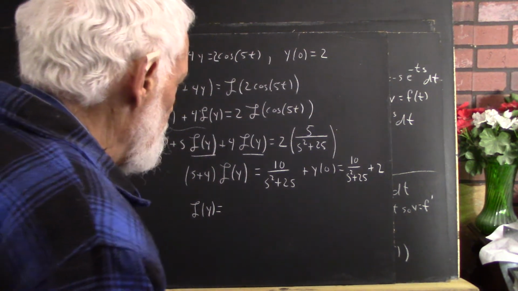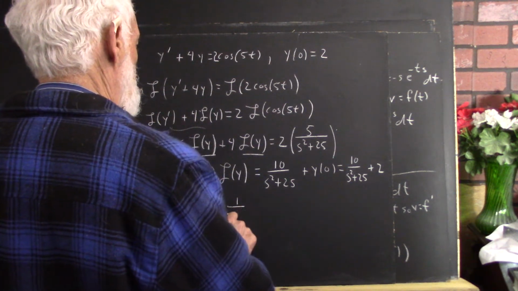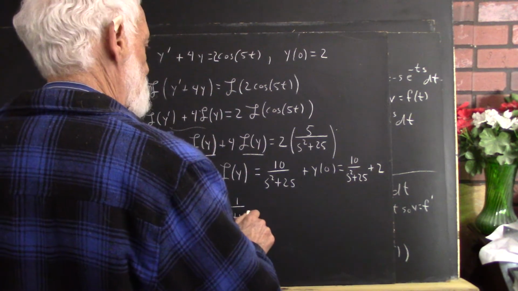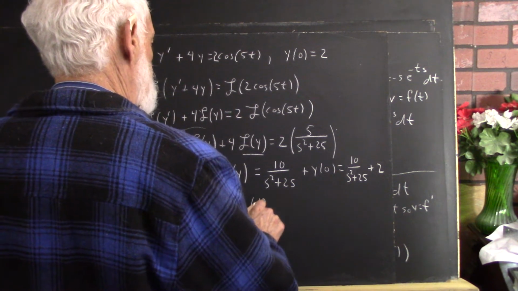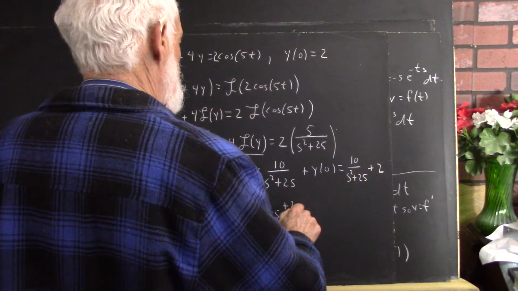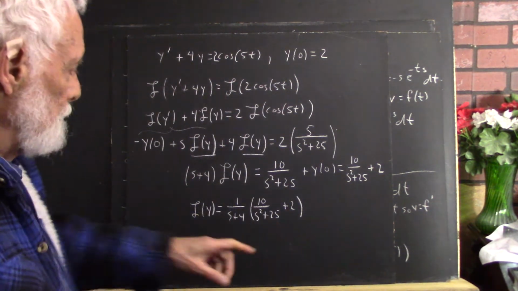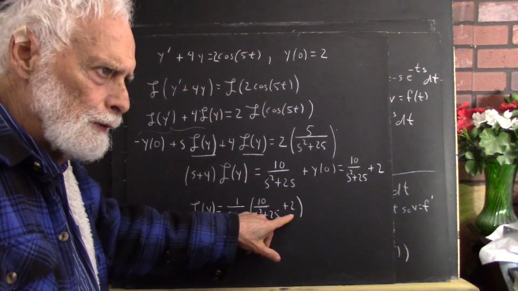So the Laplace transform of y then equals 1 over s plus 4 times 10 over s squared plus 25 plus 2. Well, we can use a common denominator here.